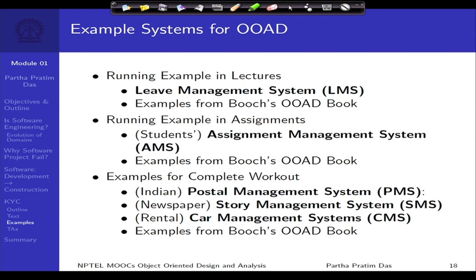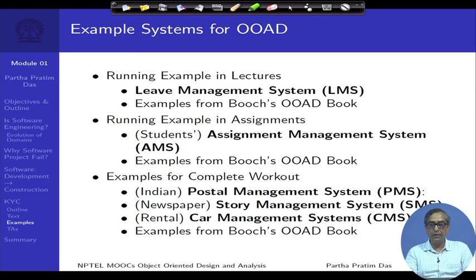These are some of the examples that we will follow. All through the major part of the course, we will use a running example. While we discuss different points, we will take glimpses from one running example about a leave management system of an organization. Very soon we will introduce you to the general notion of this system, what an organization thinks about leave management, what is required, and then we will repeatedly use that.